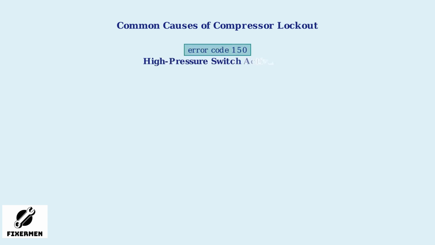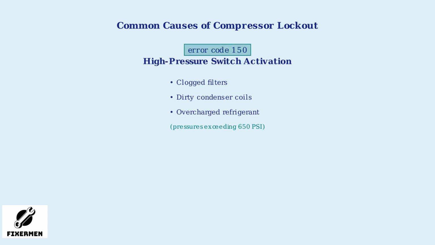The latest firmware enhancements, released in early 2026 via Train Home App version 3.2.1, have improved error code reporting, reducing false positives by 15%. Several factors can trigger error code 150. High-pressure switch activation often results from clogged filters, dirty condenser coils, or overcharged refrigerant, with pressures exceeding 650 psi.